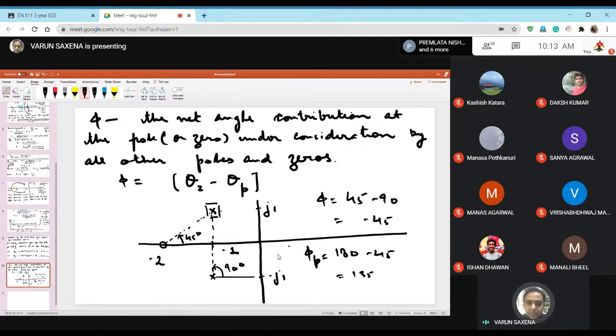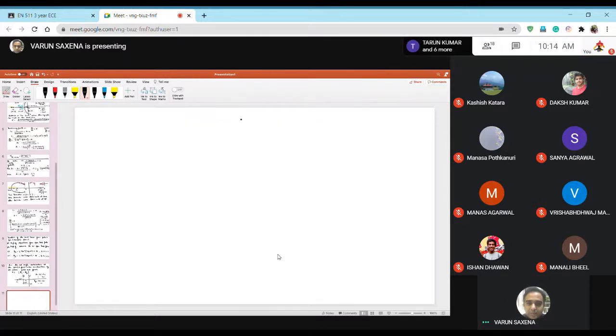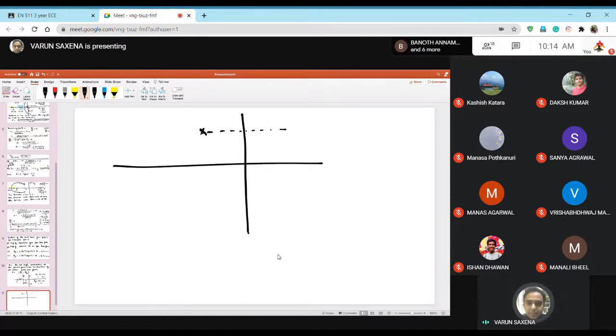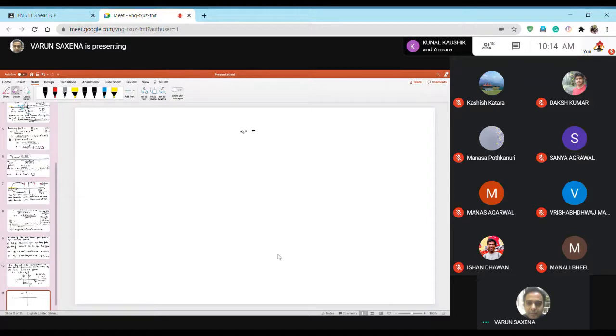So that means if you are here and this is the horizontal line, the root locus will depart from this pole at an angle of 135, which is this. Let me just make it bigger so that you can see it better. Just a second. So we are doing something like this. So angle of departure.